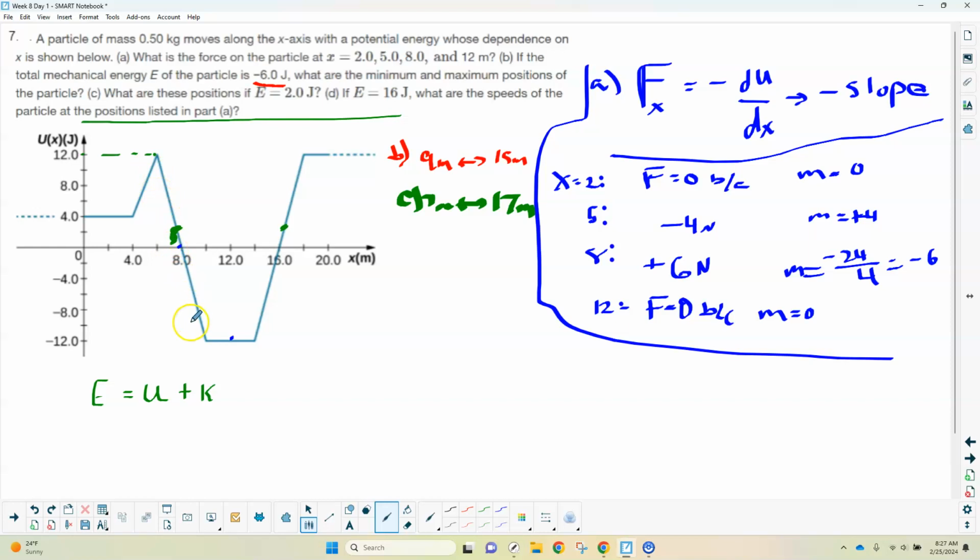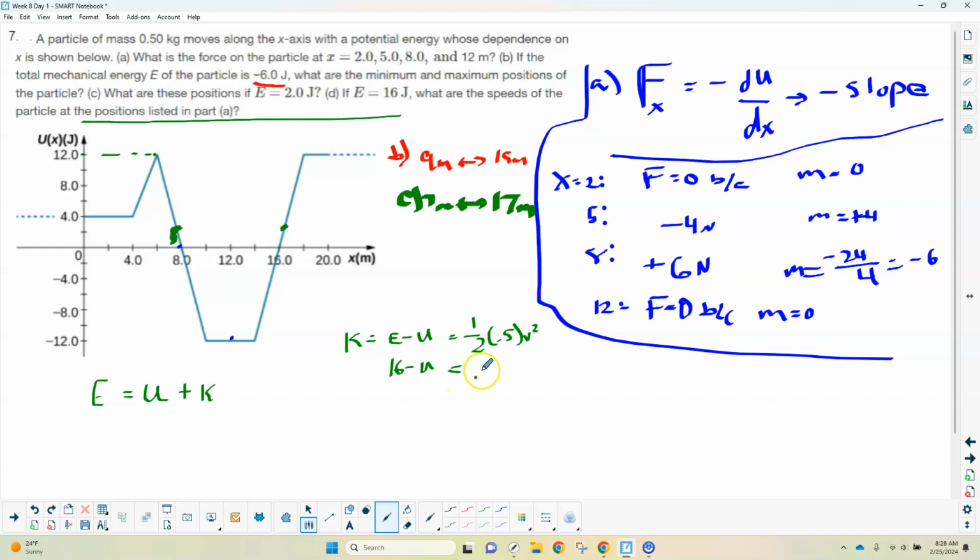Regardless, you just have to evaluate how much potential energy it has at each of those positions and then solve for K. Once you solve for K, K is essentially E minus U, so it's 16 minus whatever the U value is. Then you set that equal to 1/2 mv squared, so it's 1/2 times 0.5, and then v squared.